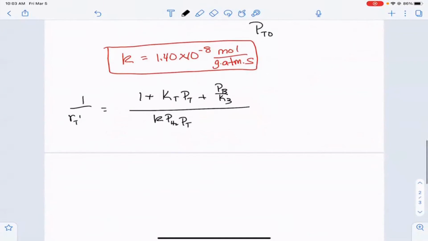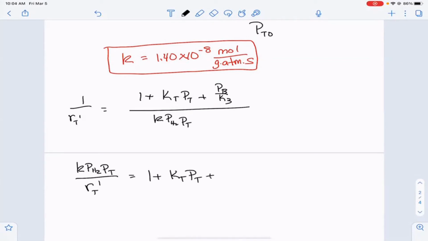And I'm going to multiply both sides of this equation by the denominator on the right-hand side. And so we get K times the pressure of hydrogen times the pressure of toluene over the rate equals 1 plus KT times PT plus PB over KB.